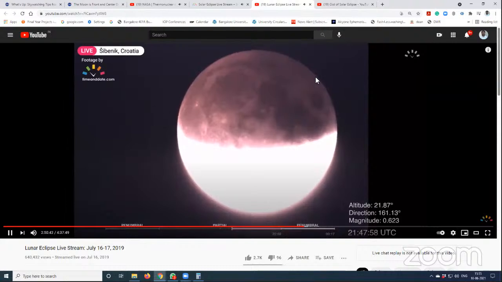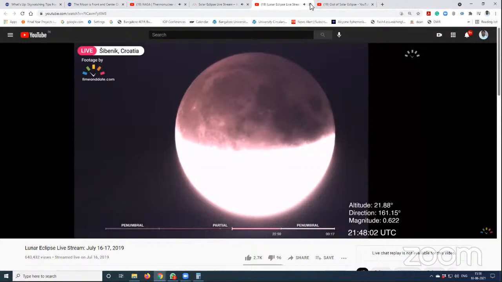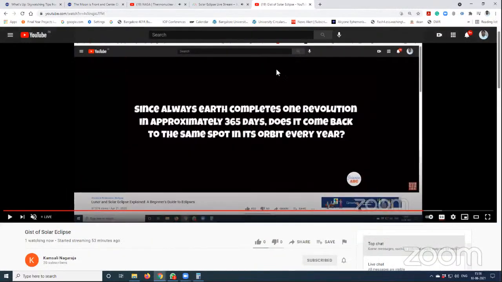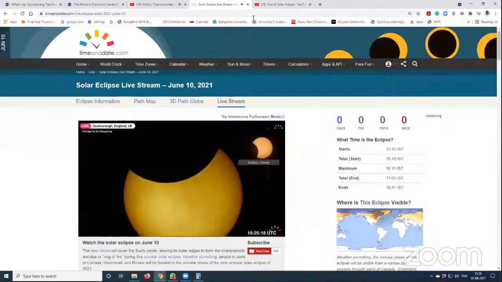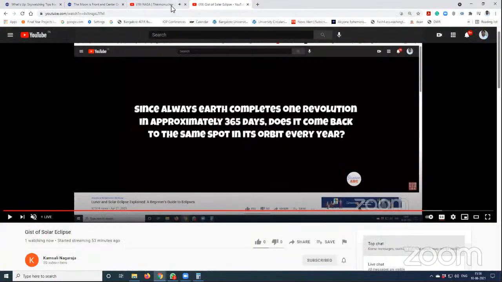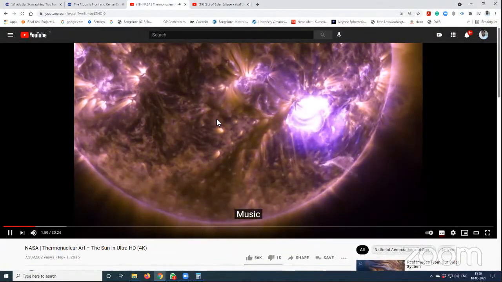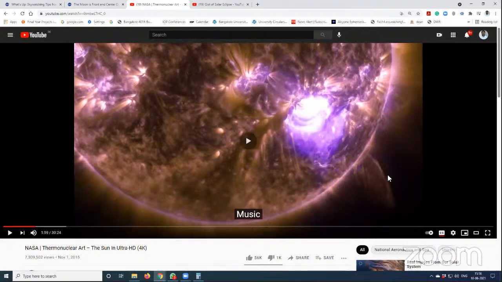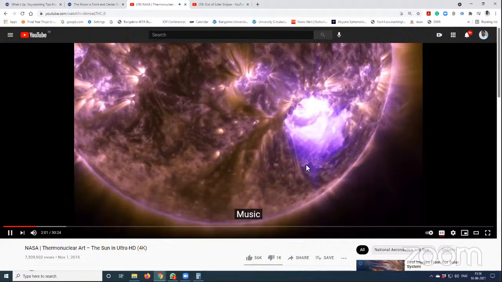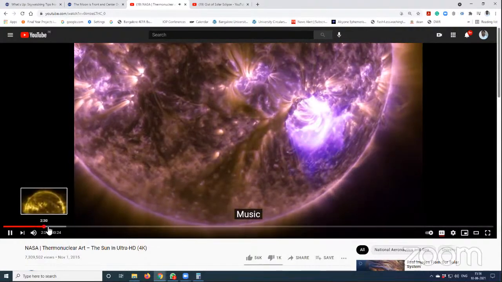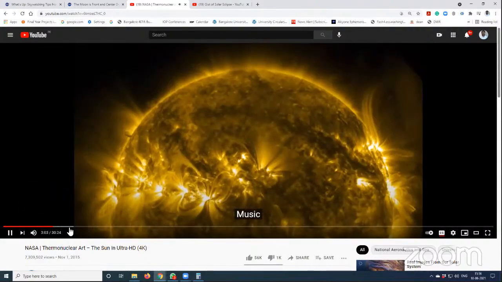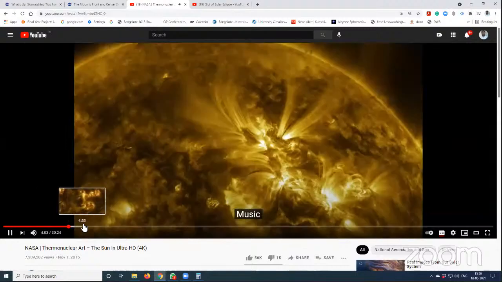Of course, it will go on for another until 6:10 in Indian Standard Time. Okay, if there are any queries, okay, this is where the music is coming from. This is how the sun is there. The sun is not as beautiful as you would like.